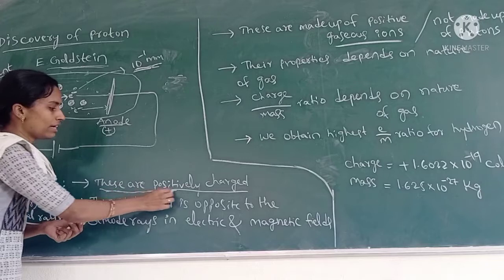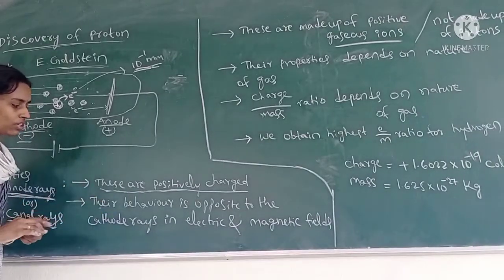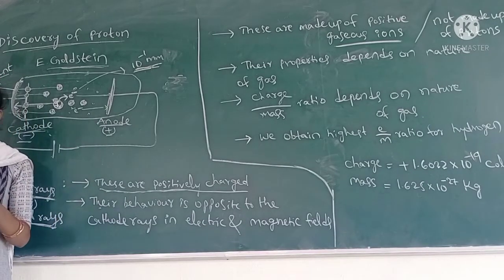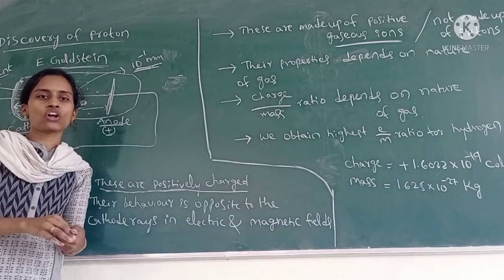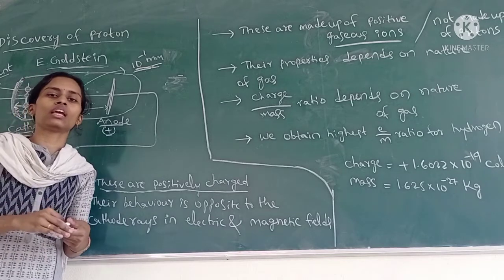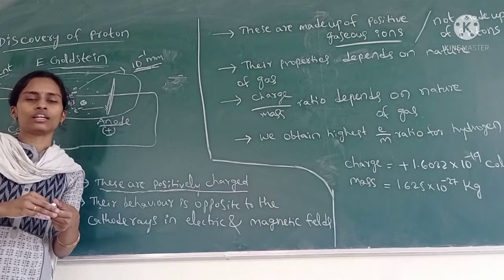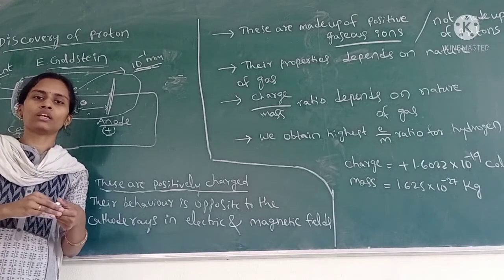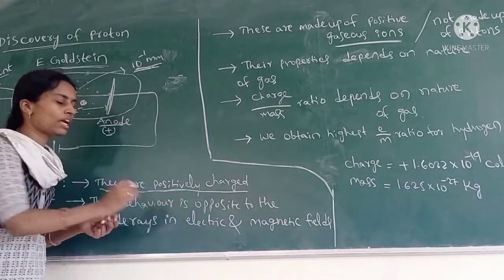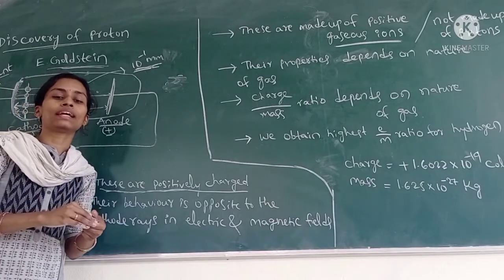Anode rays contain positively charged particles, and their behavior is opposite to the cathode rays in electric and magnetic fields. Because the charge is different, they behave differently in an electric field and magnetic field. Cathode rays, or negatively charged rays, are attracted by the positive electrode, but anode rays are attracted by the negative electrode when kept in an electric field.